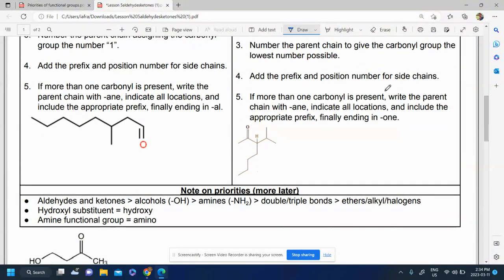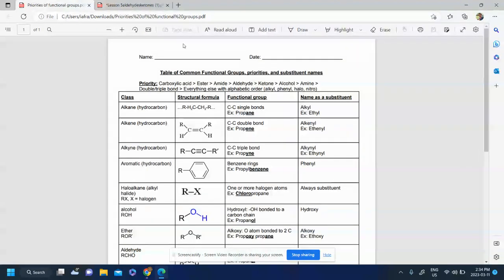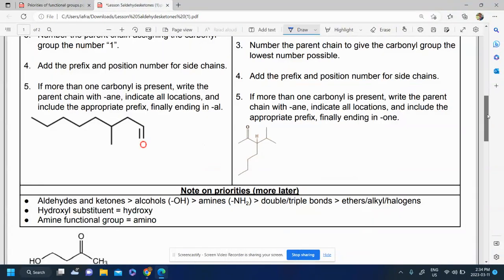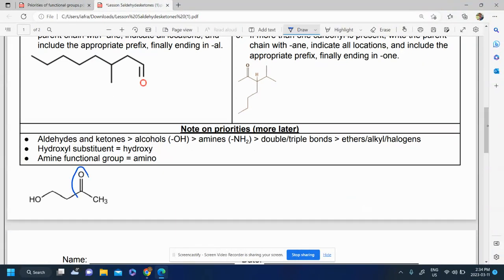We have to discuss the idea that some functional groups have priorities. So if a molecule contains many functional groups, let's take a look at this example here. This contains a carbonyl functional group and an alcohol functional group. And it's not carboxyl because they're separated from each other. This is the hydroxyl functional group and the carbonyl functional group. So what do we classify this molecule as?